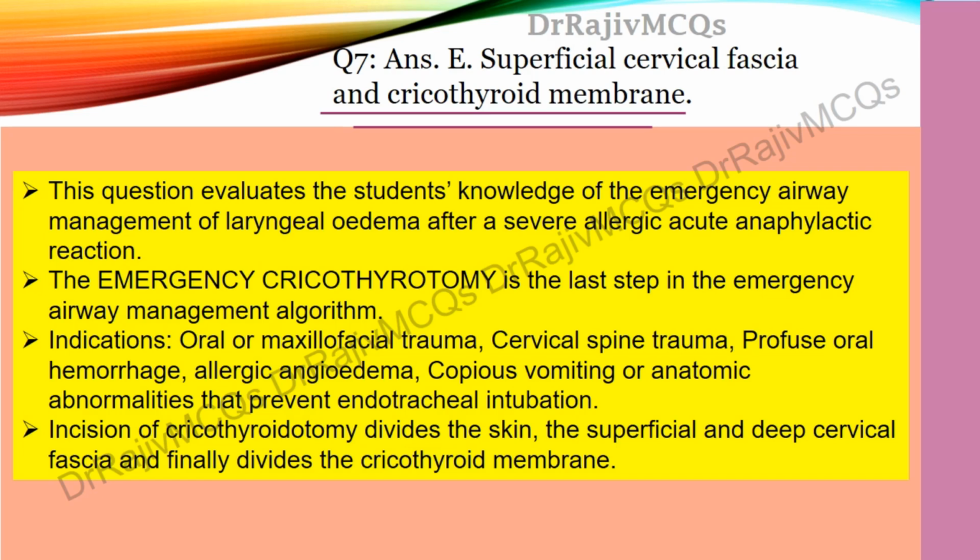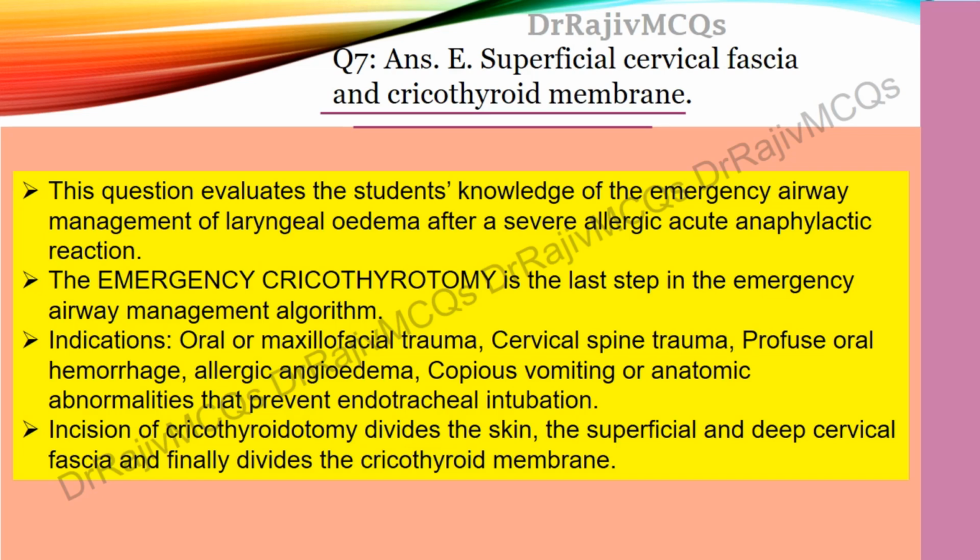Some situations in which a physician needs to do emergency cricothyroidotomy are oral or maxillofacial trauma, cervical spine trauma, profuse oral hemorrhage, allergic angioedema, copious vomiting, and anatomic abnormalities that prevent endotracheal intubation.